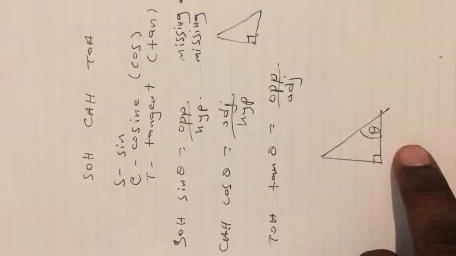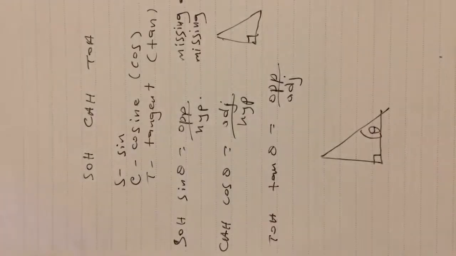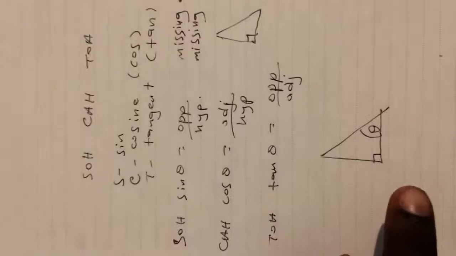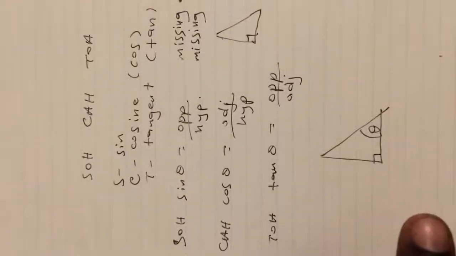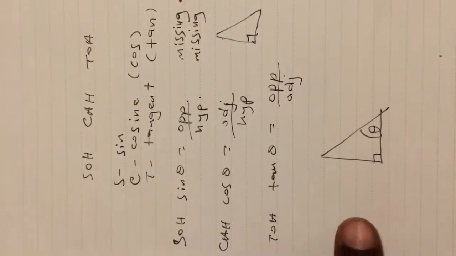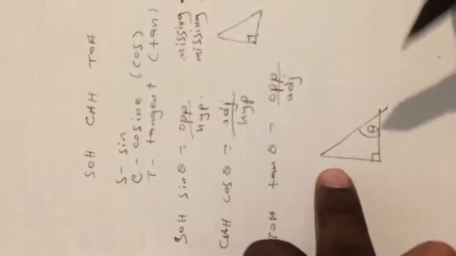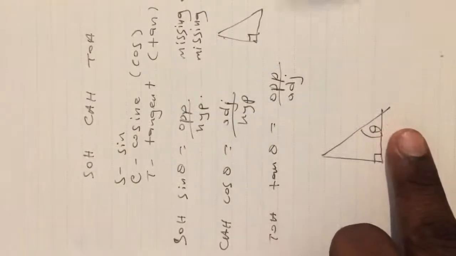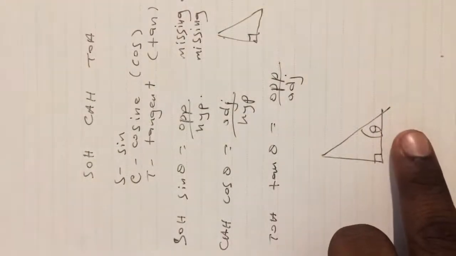I'm calling it theta because it can be an arbitrary angle. It can be 100, it can be 80, it can be 90. Since this is our angle, we're going to find the side that is opposite. What is the side that is opposite to the angle? Is it the height here or is it the base? Which side is opposite to the angle?